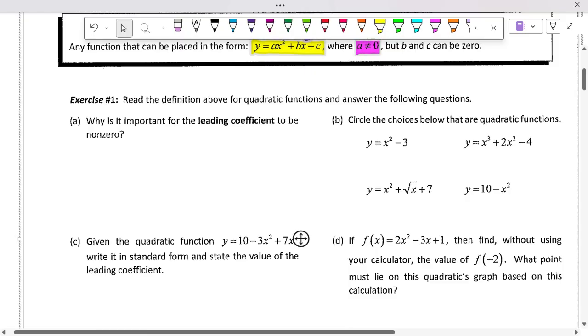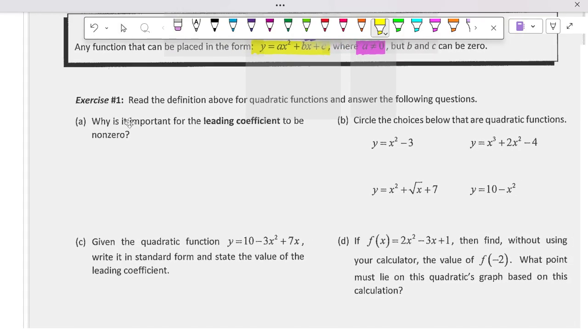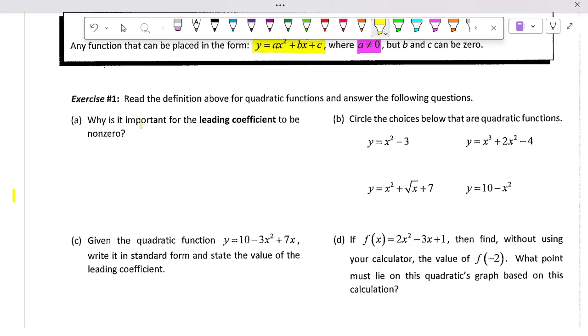So the question is, why is it important that the leading coefficient is not 0? So in other words, why can we not have y equals 0 x squared plus bx plus c? Any thoughts on why that would not work in terms of a quadratic function?